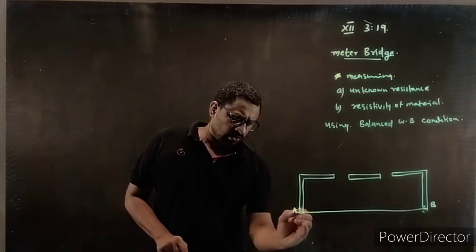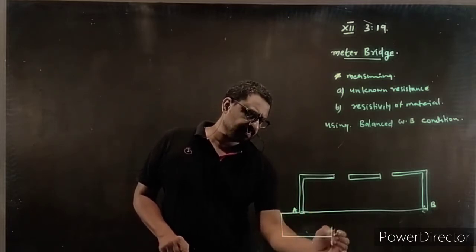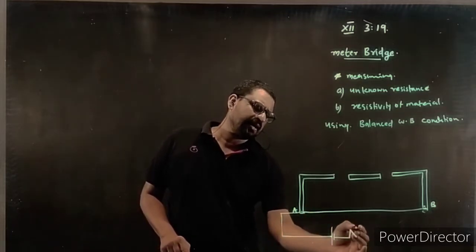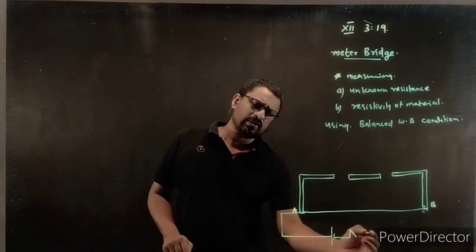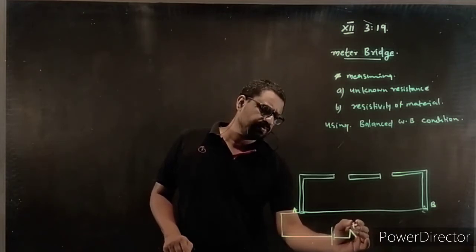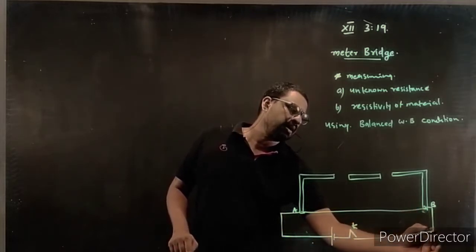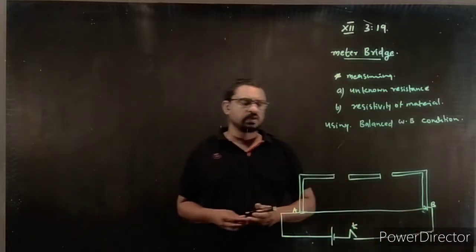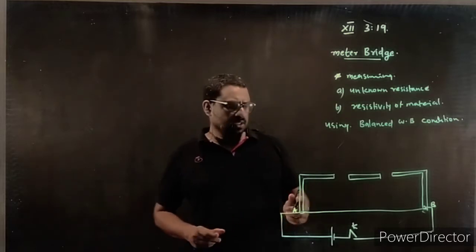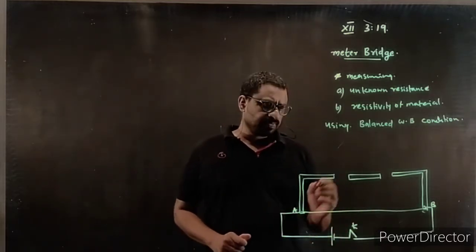And you will get one cell. You need a connection and disconnection, so you can apply a switch, a key also. The cell will enable current to flow through the junction and all. So this is the lower part of the circuit.